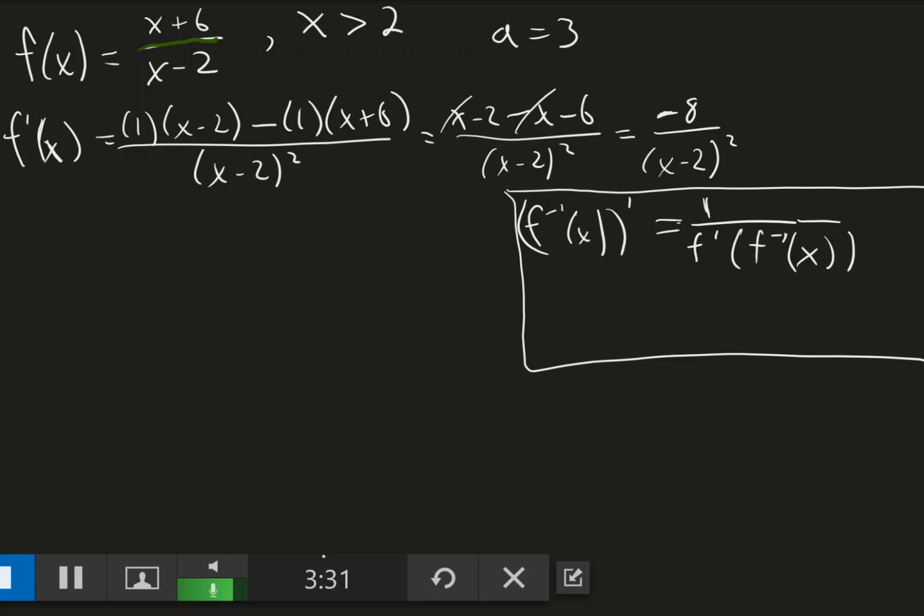Very small differences in notation here, but a very big difference. This part is going to be derivative, this part is going to be inverse.